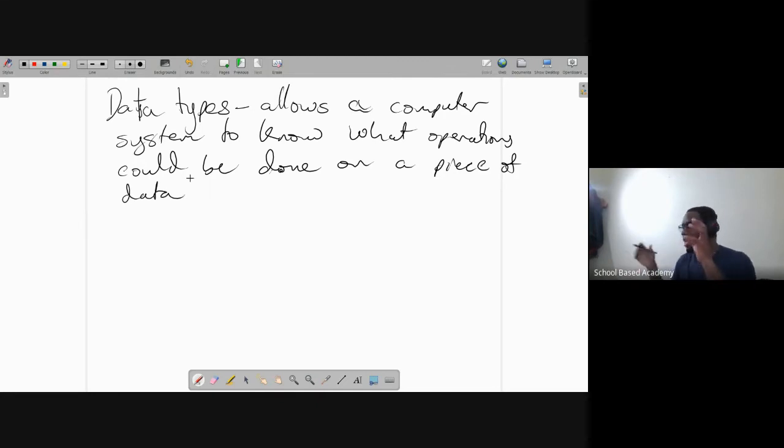So the computer needs to be able to know how to handle data.